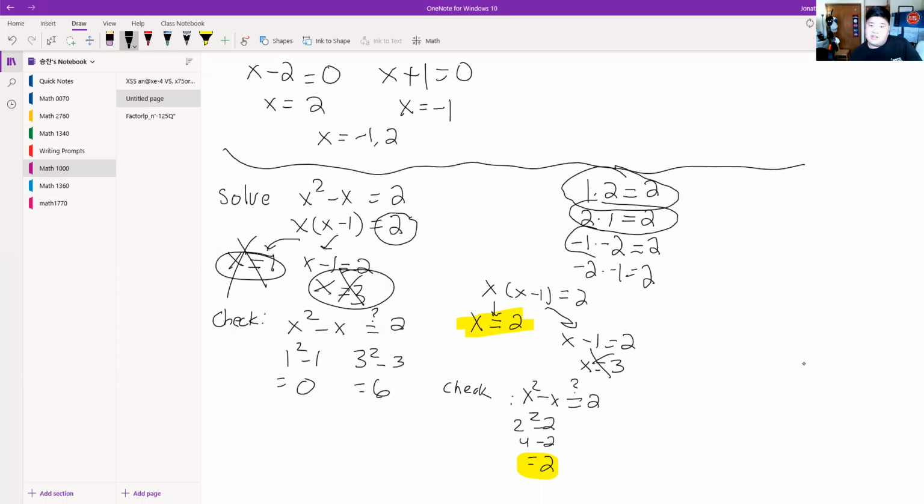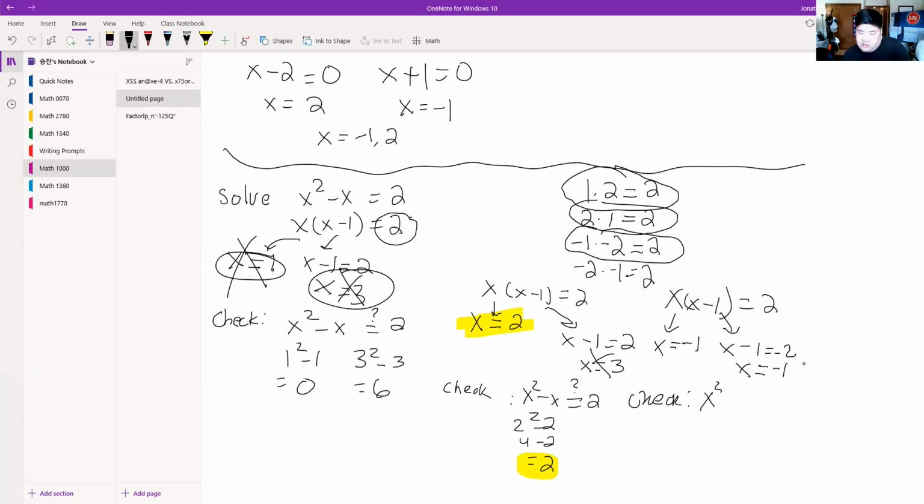So now let's try this pair right here. So we have x times x minus 1 equals 2. So if x is equal to negative 1, then x minus 1 could be equal to negative 2. So then if I add the 1, x is actually equal to negative 1. So these are both going to give me negative 1 here. So let's just check this.